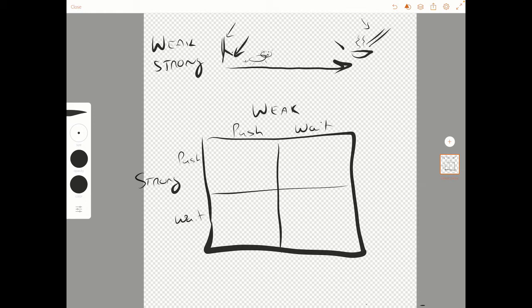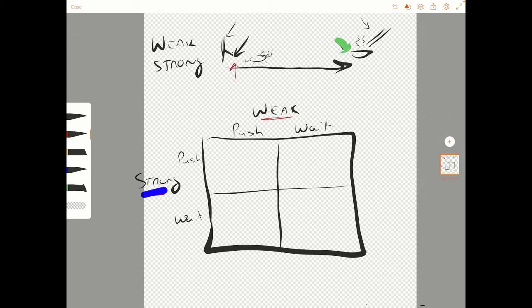In other words, one pig is up here pushing, the other pig could be over here waiting for the other pig to do the work. So let's put the strong pig's payoffs in blue, the weak pig's payoffs in red.